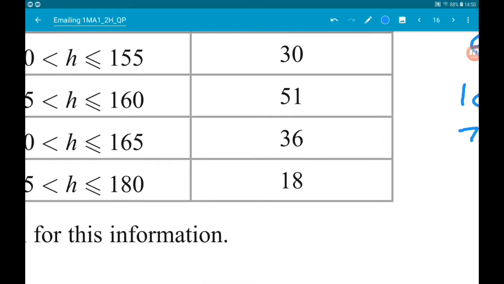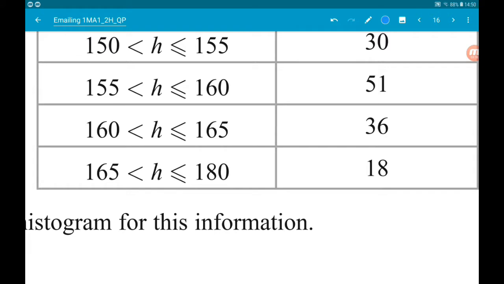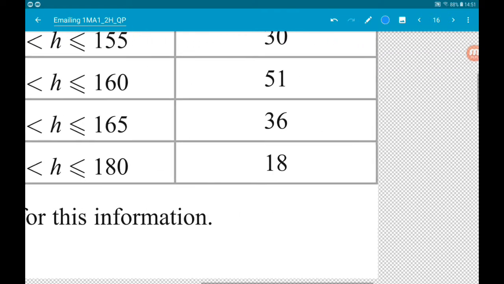And then the last one, 18 divided by 15 is 6 over 5, 1.2.